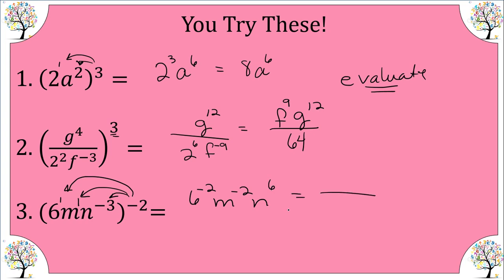We're going to simplify our negatives, and 6 squared comes to the denominator, m squared comes to the denominator, and n to the 6 stays the same. If you did evaluate, we're going to get 36 times m to the second in the denominator. This is totally fine.